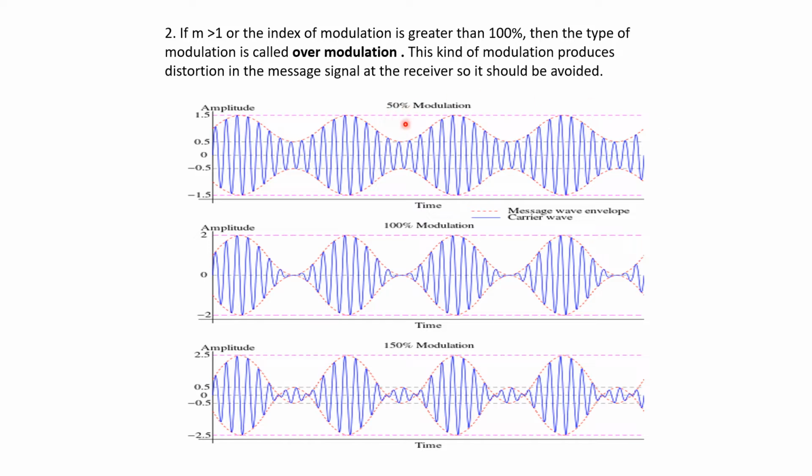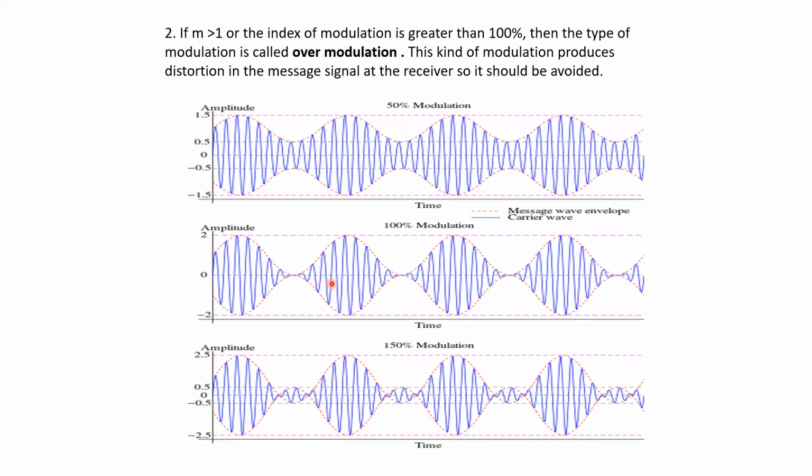This is only 50% modulation, or we can say that the numerical value of M is 0.5. That is, the amplitude of the message signal is half the amplitude of the carrier signal. So it is only 50% modulation, or the index of modulation is 0.5.